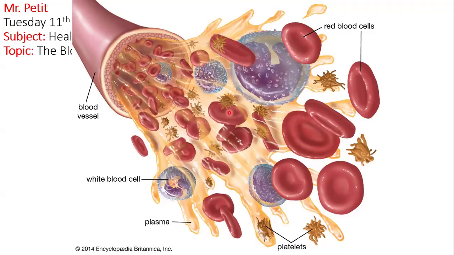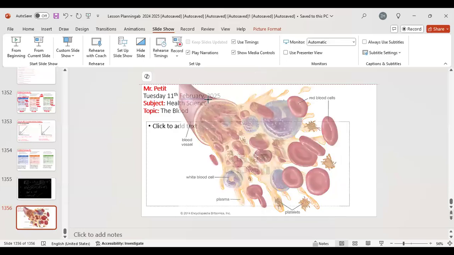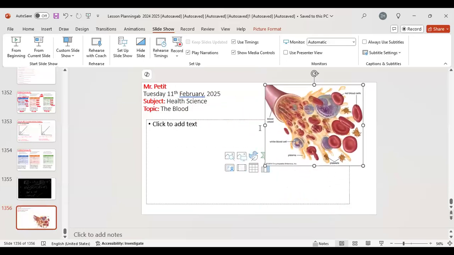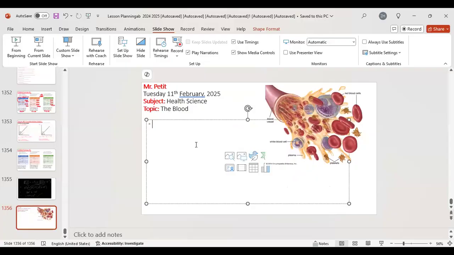Okay, so that's the picture. We don't have to draw it, but it's a good reference point. Blood is a fluid, and I can accept that, but blood is actually a tissue, interestingly enough. And blood has many functions in the human body.